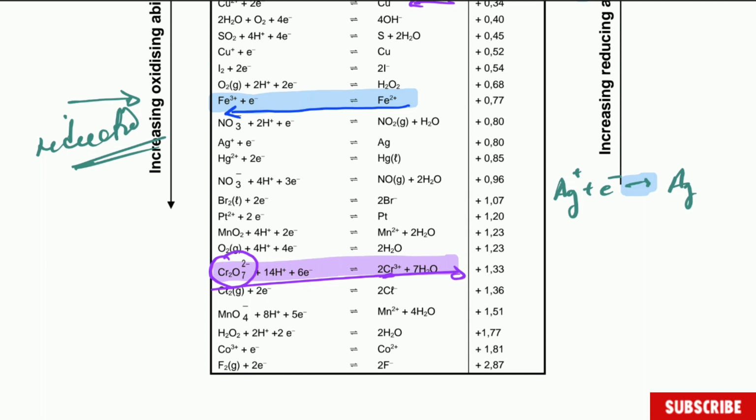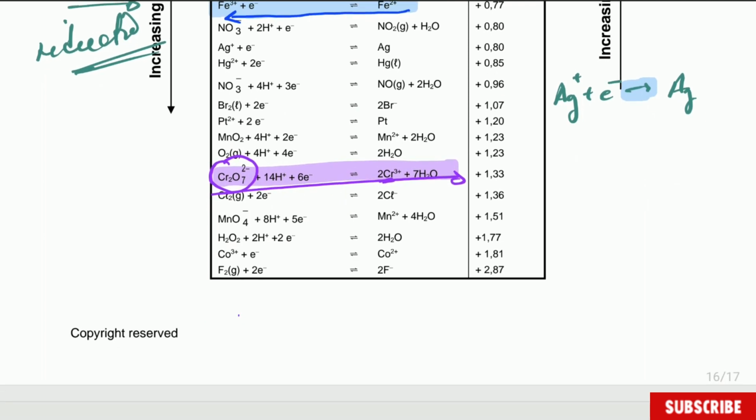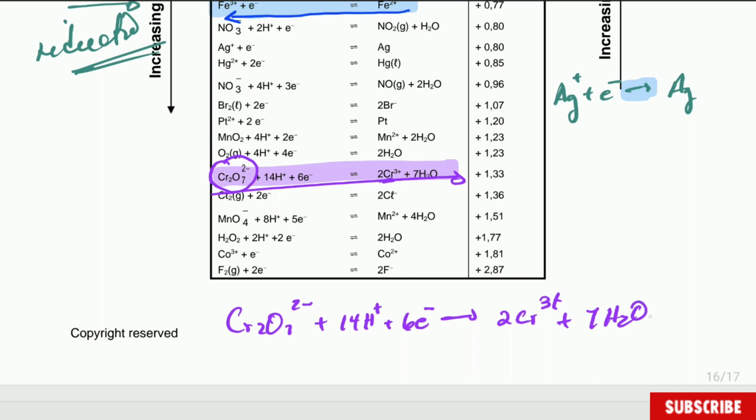So it's going to be exactly as it is there. Cr2O7 2- plus 14 H+ plus 6 electrons, one arrow, remember only 2 Cr3+ plus 7 H2O. That is the half reaction we are going to be writing there.